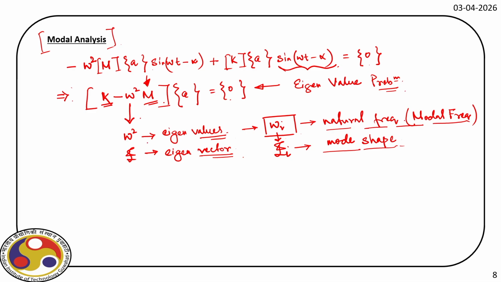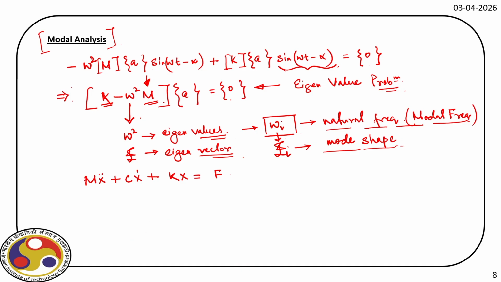Now from the eigenanalysis, you know eigenmodes or eigenvectors are orthogonal. So what is the orthogonality property? For that, let us revisit the original equation. We have m x double dot plus c x dot plus k x is equal to f. This is a matrix equation.